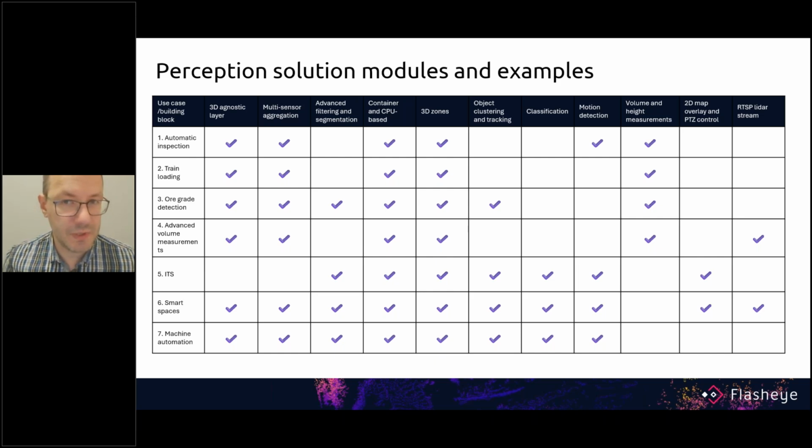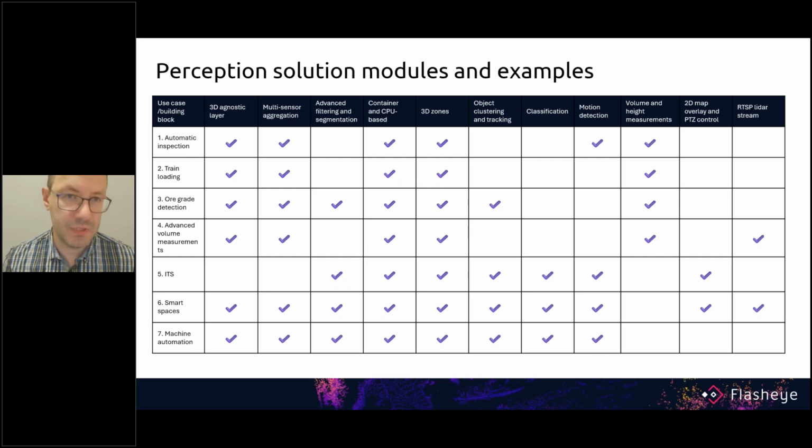So for example, in a train loading scenario, module number one is the 3D agnostic layer, where we can combine multiple lidars, different field of view lidars, different resolution lidars, because this application will need different resolutions in different areas.